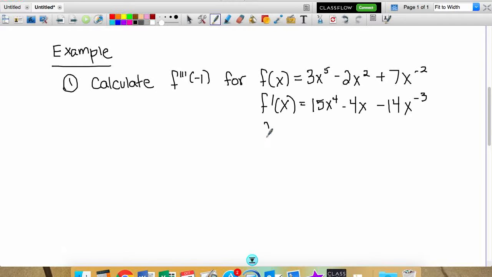Next, we find the second derivative. Again, using the power rule, the derivative is 60x cubed minus 4 plus 42x to the negative fourth.